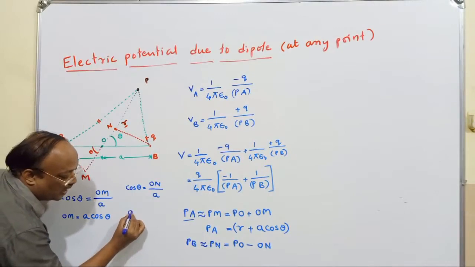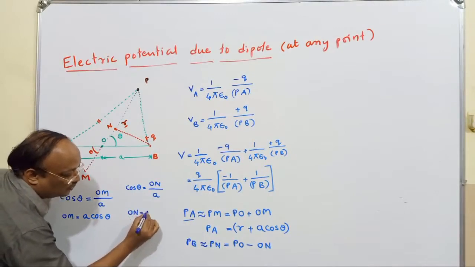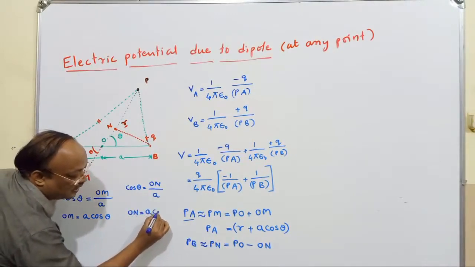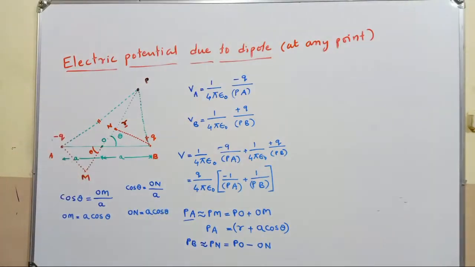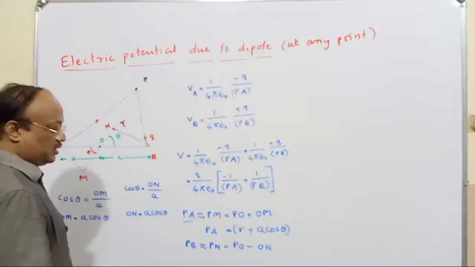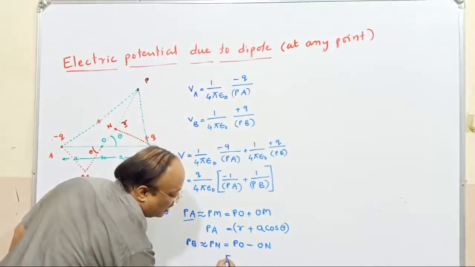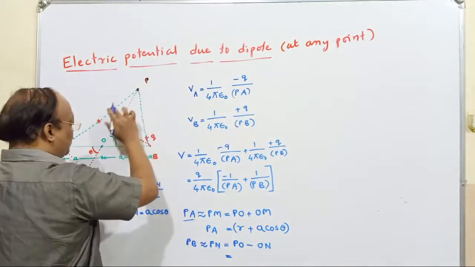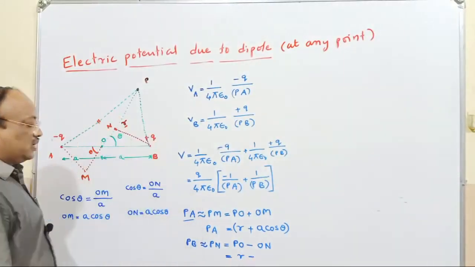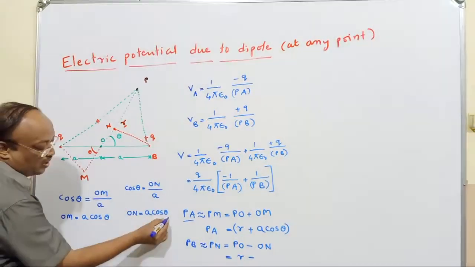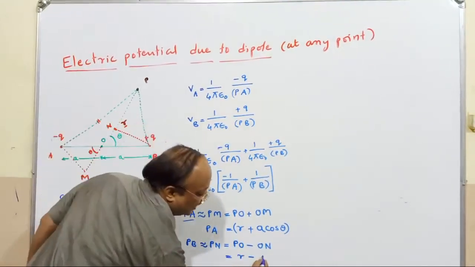So ON is equal to a cos theta. So I will write here, this PO is r, and the value of ON is a cos theta.